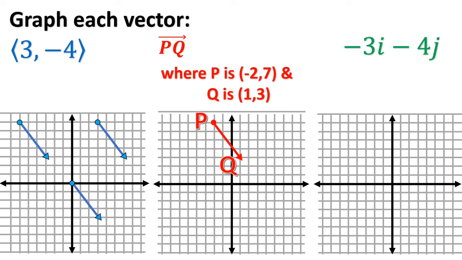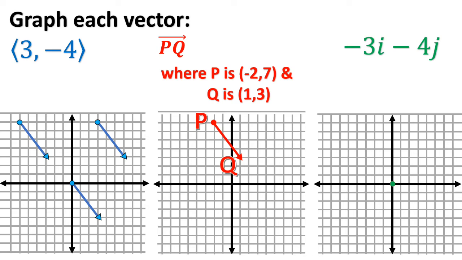Now let's graph vector -3i minus 4j, which is in linear combination form. If we graphed this vector in standard form, we would begin by putting our first point at the origin. The number in front of i tells us how much to move right or left.